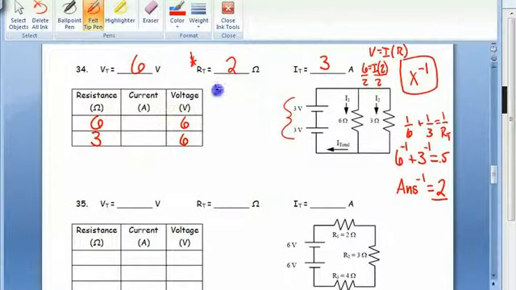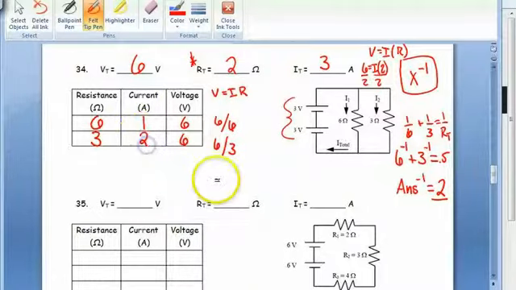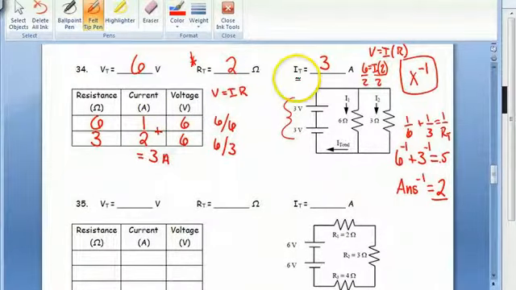Again, to solve for this, V equals I times R. So we're looking for our current, our I. So this becomes 6 divided by 6, which is 1, and 6 divided by 3, which is 2. Now, just to check and make sure, 1 plus 2 equals 3 amps, and if that's what I have as my total, then I did this correctly.